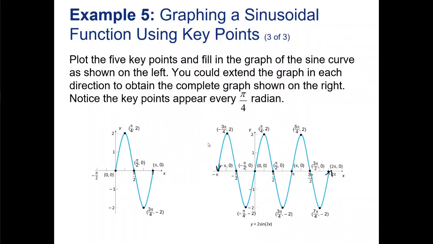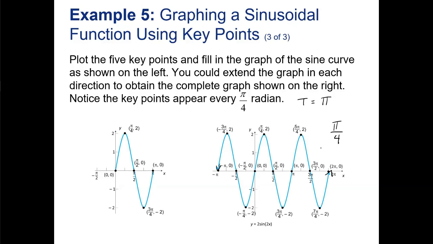One last thing to mention here is that since our period is now pi, and I've got 5 key points in my period, or one cycle, then I can divide the period by 4 to split that period into the 4 sections made up by the 5 points.